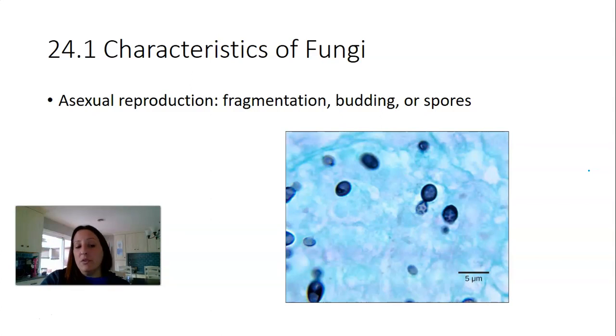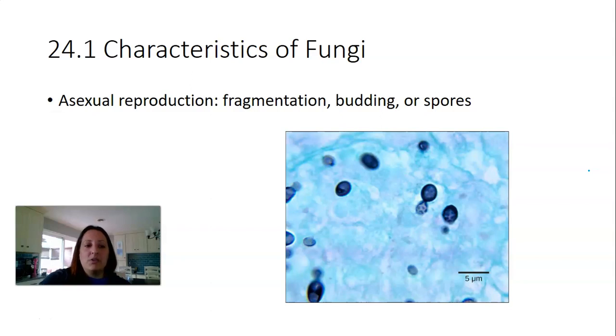From an evolutionary standpoint, those organisms that are capable of reproducing sexually are more evolutionarily fit, right? It's better because it increases genetic variation in a population, which increases the chances of survival for the species. However, some organisms just don't reproduce sexually.